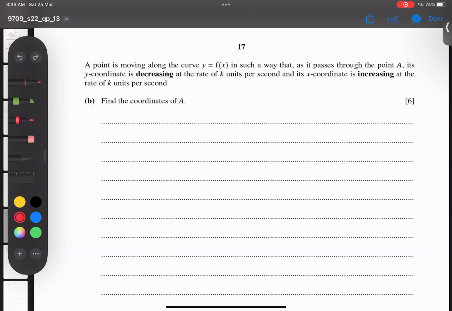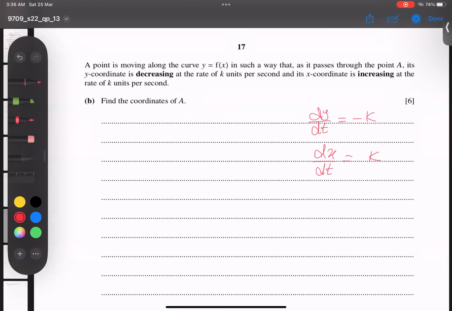First of all, he said to find the coordinates. So first of all, I'm writing the data which is mentioned here, y decreasing at k units. Because it is decreasing, dy over dt is equal to negative k, and dx over dt is equal to positive k.